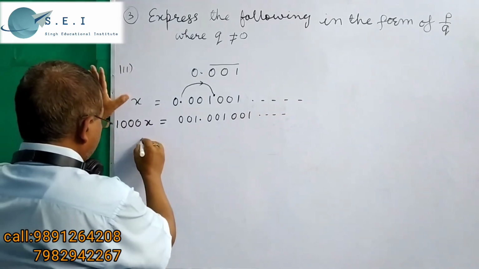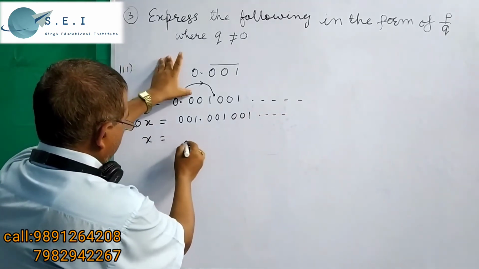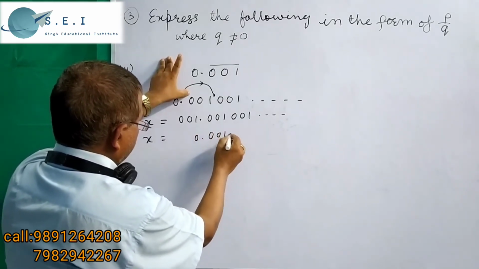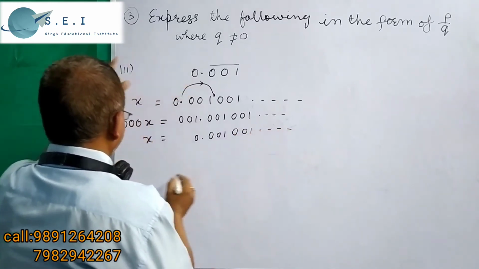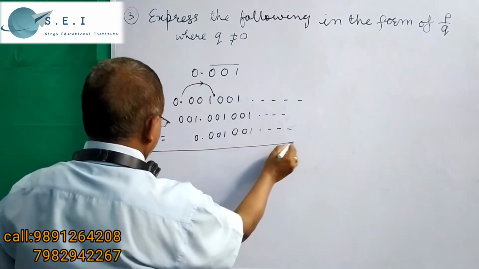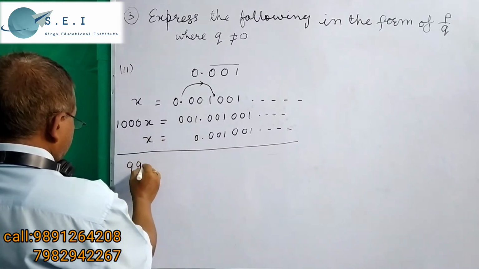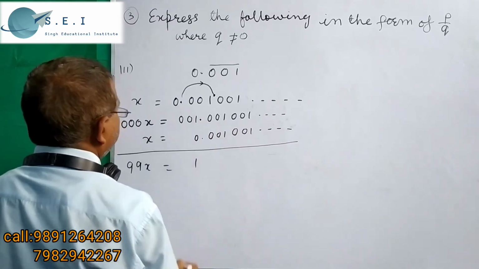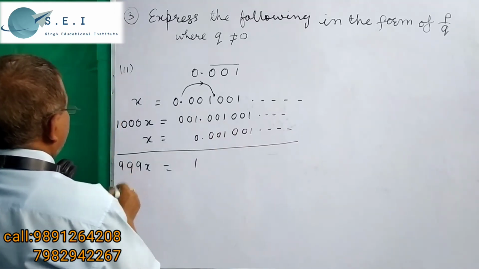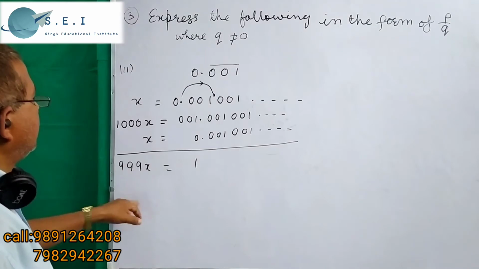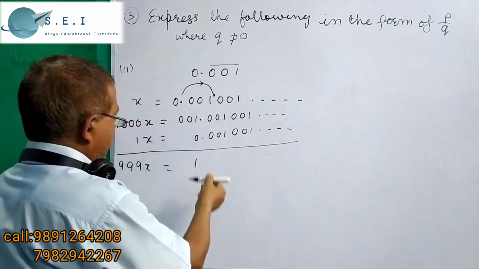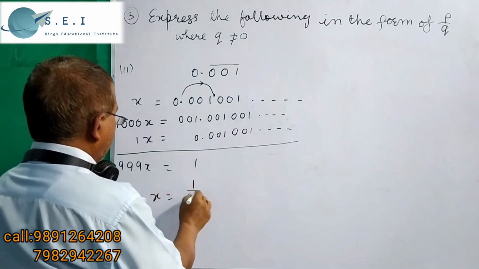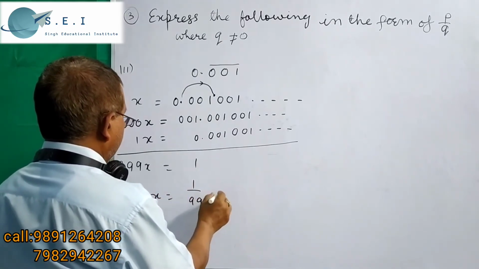Again, x is equal to 0.001001 and so on. Subtract x from 1000x, it is 999x, and the remaining answer is 1. Therefore x is equal to 1 upon 999.